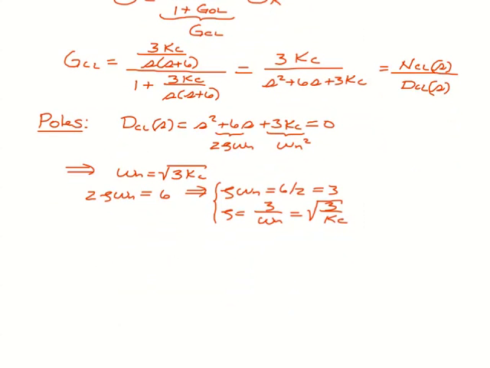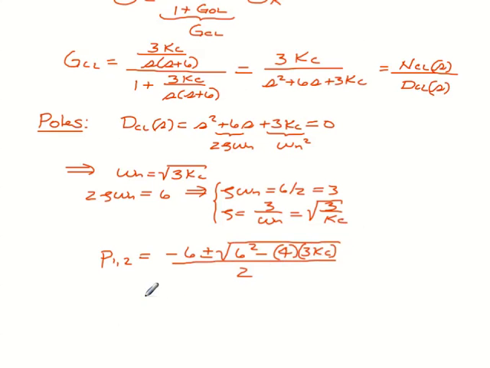In order to find the poles, though, p1 and 2, there are two of them, is minus 6 plus or minus the square root of 6 squared minus 4 times 3Kc, divided by 2. So this becomes minus 3 plus or minus the square root of 9 minus 3Kc. So these are our two poles.